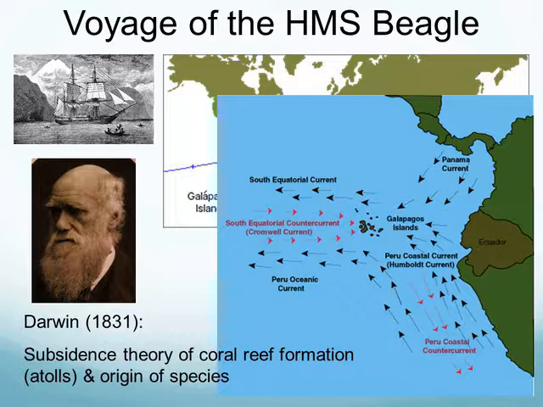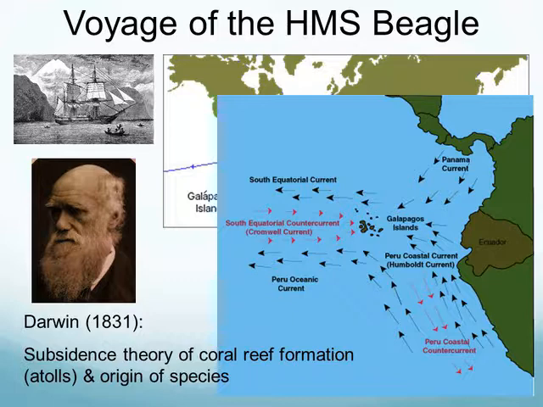So let's just say on one island, the most common food resource was a very soft seed, like a grass seed that doesn't have a shell around it. That finch would develop a beak that wasn't very large and didn't need to be very powerful to break open, say, a very large shell like a walnut, because they didn't have to.